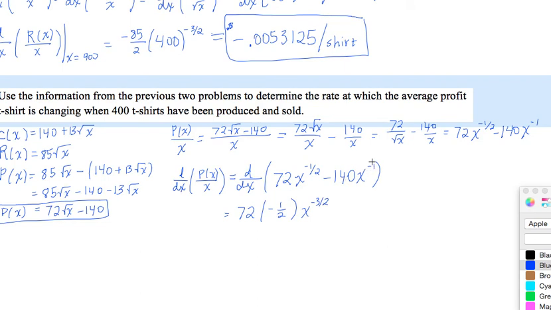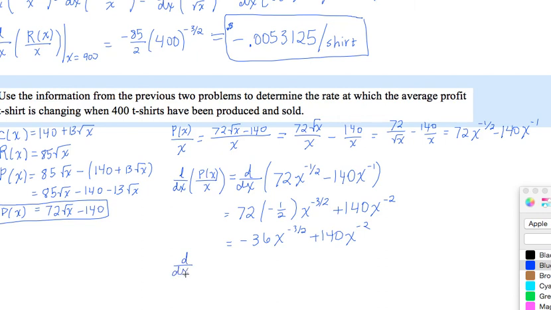When this negative 1 comes down and we multiply it times that negative 1, it's going to become positive 140 x to the minus 2. So we get 72 over 2, is negative 36 x to the negative 3 halves plus 140 x to the minus 2. So that's the derivative of the average profit per shirt.